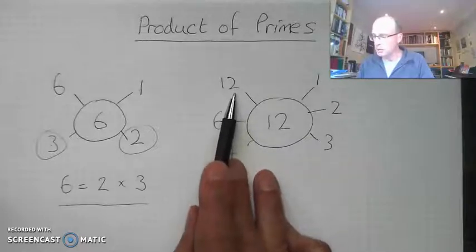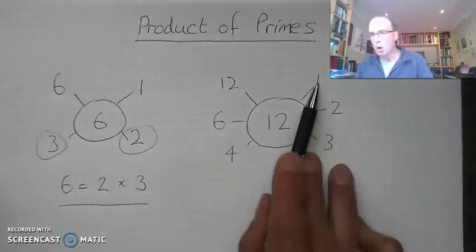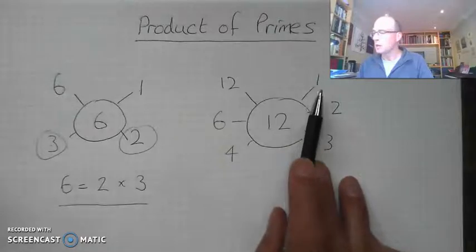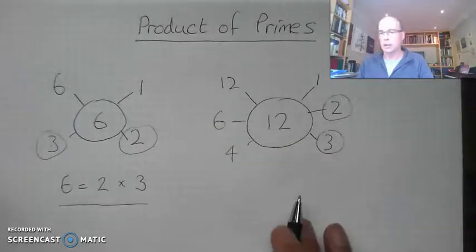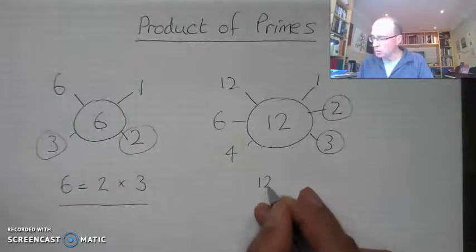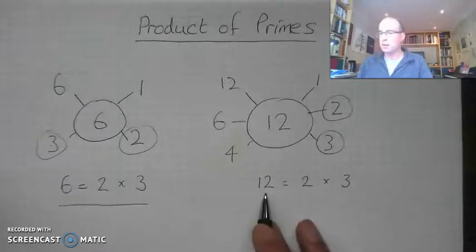12's not prime, that's an even number. 6 and 4, they're both divisible by 2 as well, so they're not prime. 1, we've already talked about, not a prime number. 2 and 3 are prime numbers, so I've got 2 and 3. So my number 12 I can write as 2 and 3. They're both factors of 12.